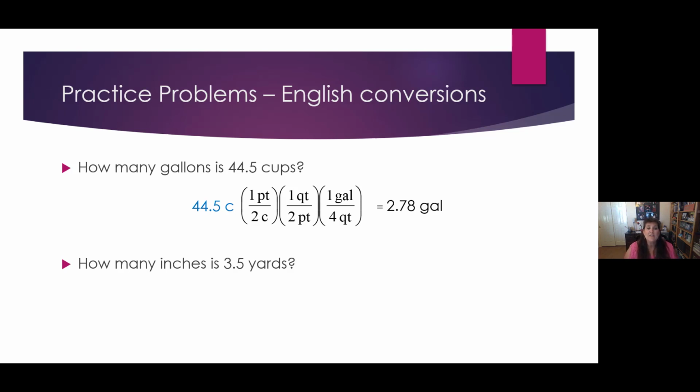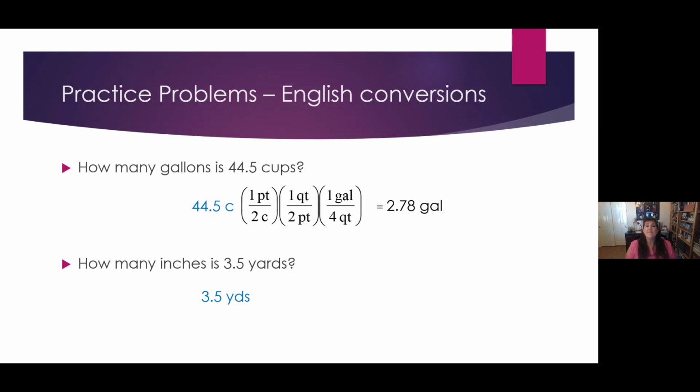How many inches is 3.5 yards? Again, we're going to start with what we know, which is the given. Start with the given, 3.5 yards. Okay, we need to go to inches. We know how many yards there are in a mile, but that's not heading towards inches. That's the wrong way. What else do we know about yards?